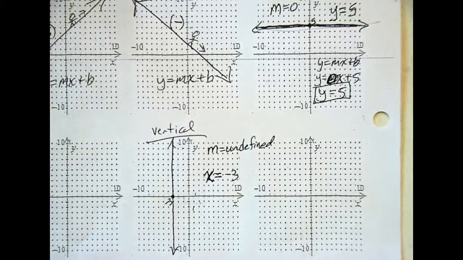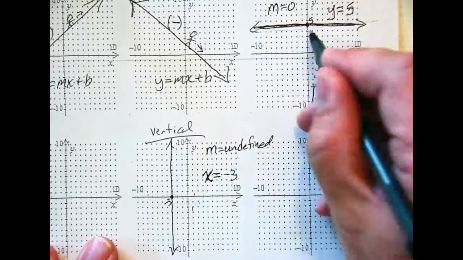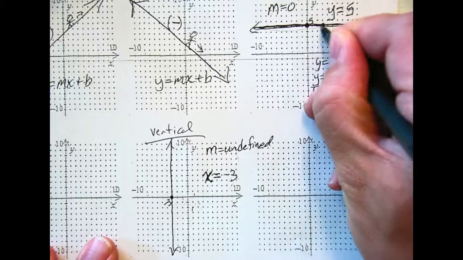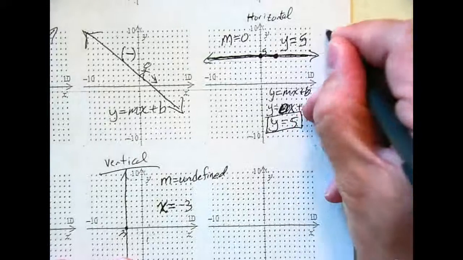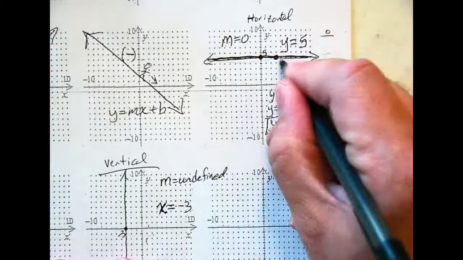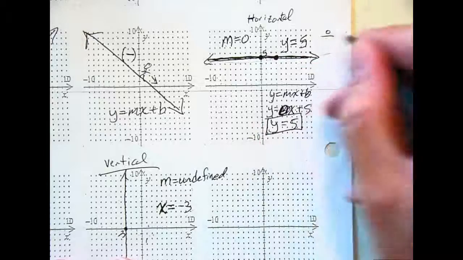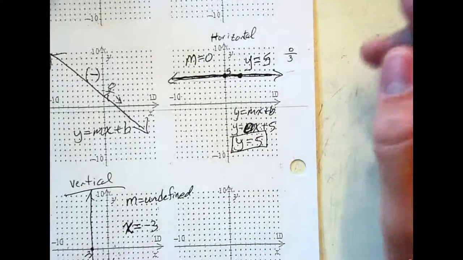When you start thinking about rise and run, remember slope is rise over run. From this point right here to this point right here, what is my rise? 0. I rise 0. How much do I run? It looks like 3. What's 0 divided by 3? 0.